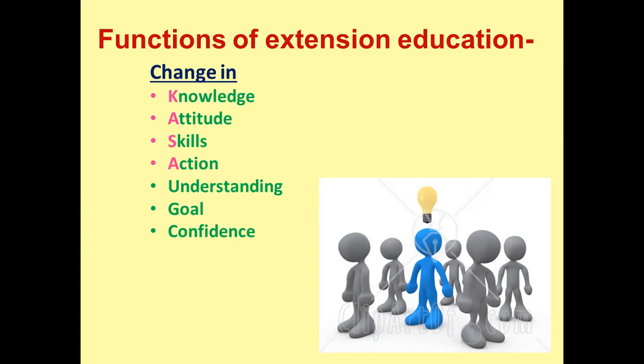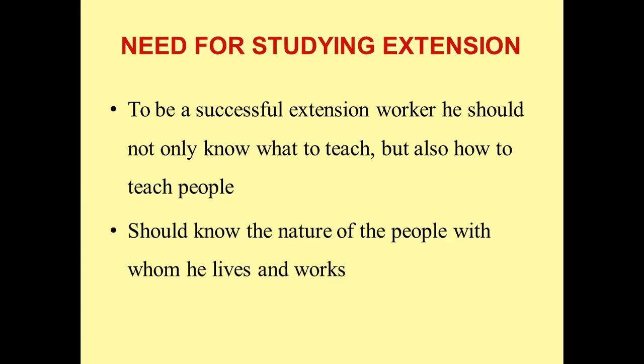Goal is the direction, the distance covered by any individual in a given period of time. And confidence level. When we succeed in changing these levels, then only can we say that we have succeeded in changing the behavior components. These are the functions of extension education.